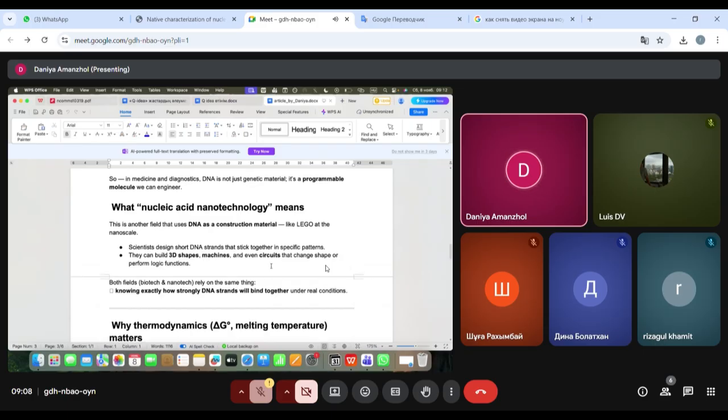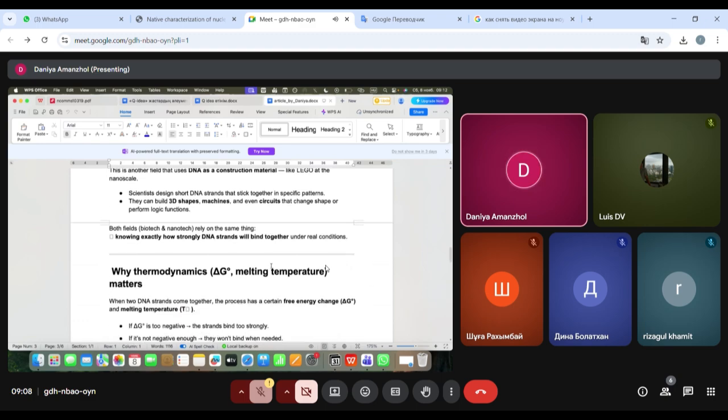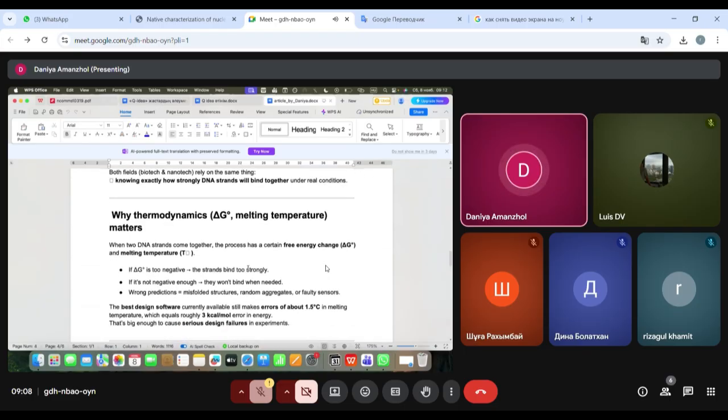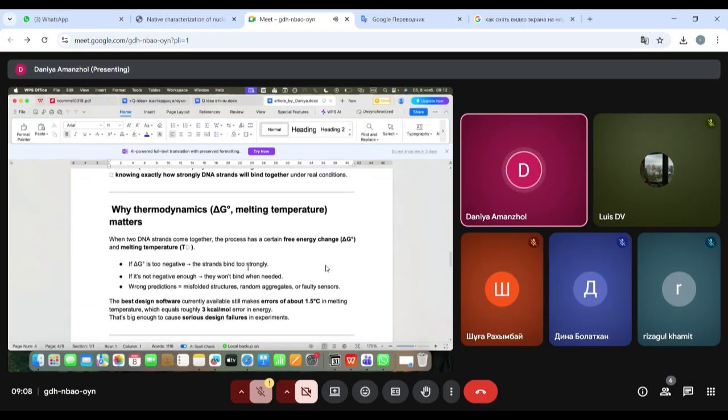So knowing with high accuracy the thermodynamics, how those motifs zip with each other, is highly needed by the community of scientists nowadays. Why does thermodynamics matter?